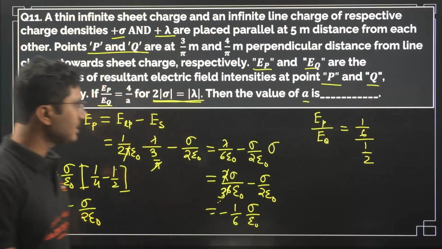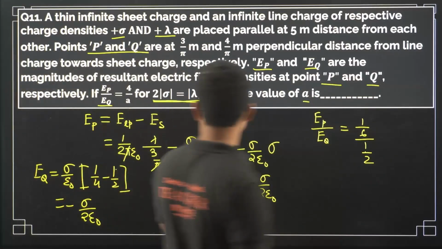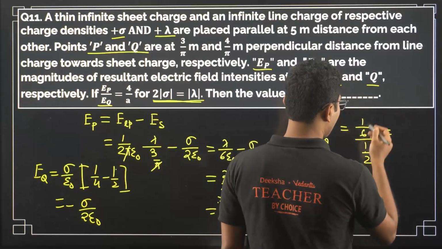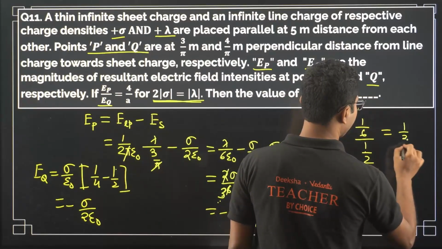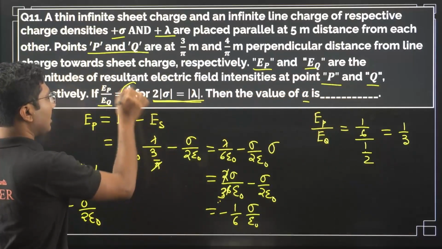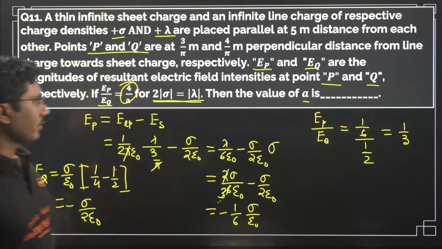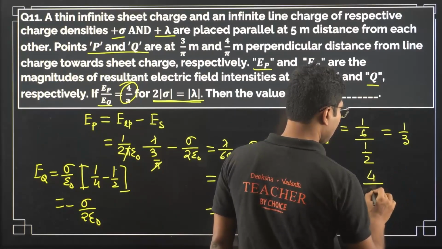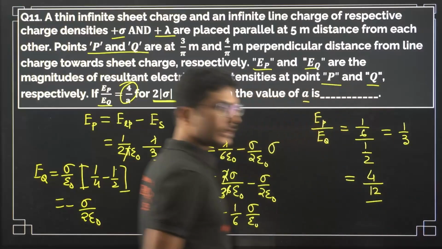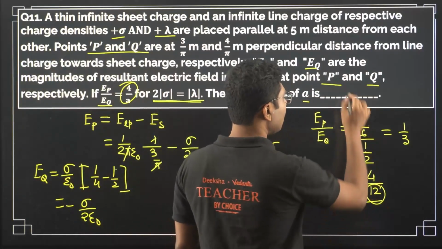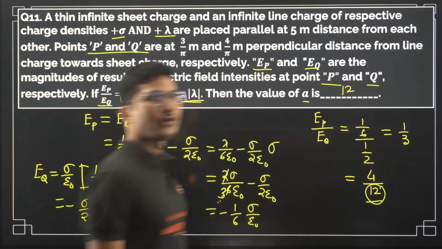Minus minus cancels. So you get this as 1 by 3. Now it is given that 4 by A, so you have to write it as 4 by 12. So the value of A is 12.